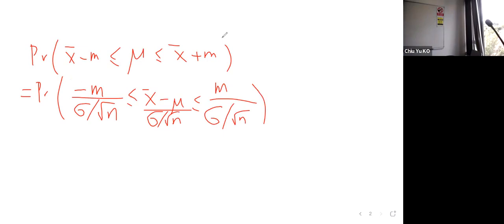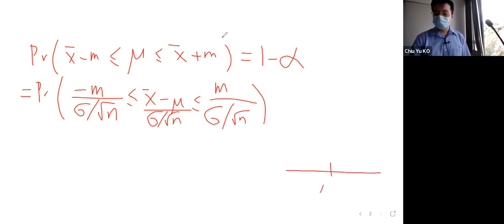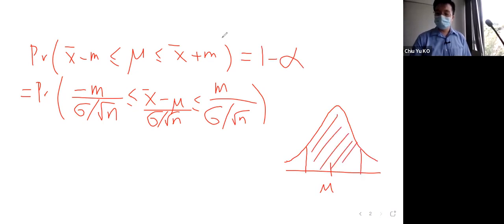The same statement. And if we want this guy to be 1 minus alpha, which we'll define later, it means the following. This is mu here, this is mu plus m, mu minus m, and this is x bar.